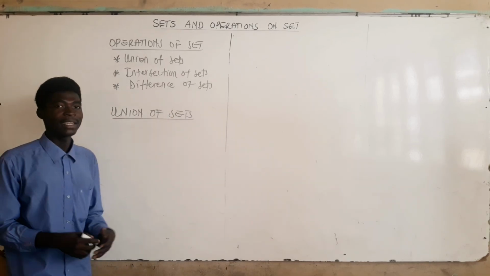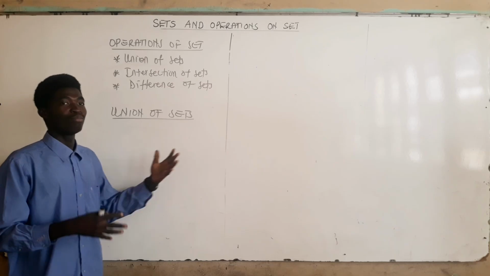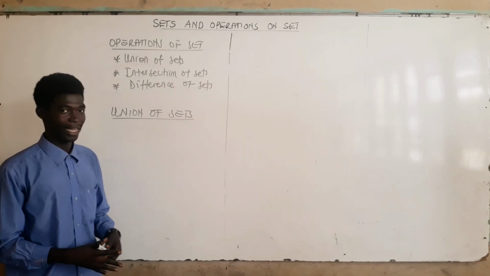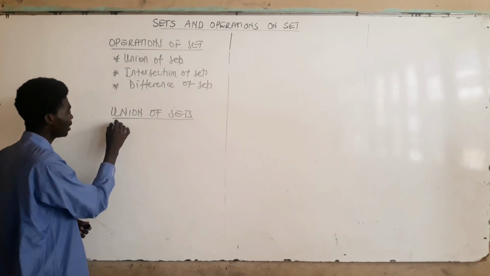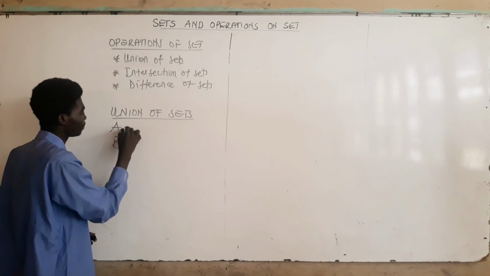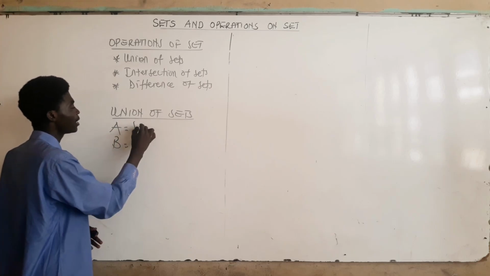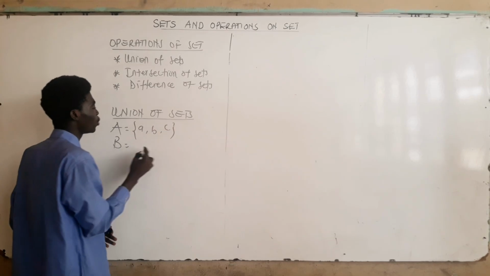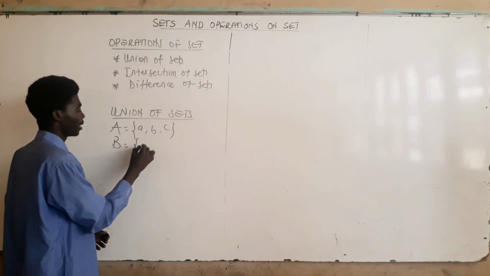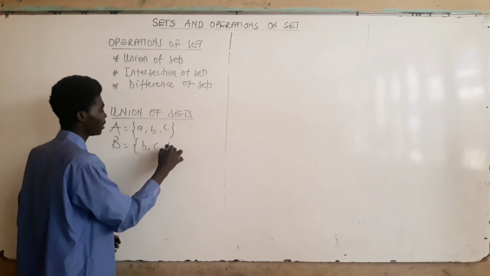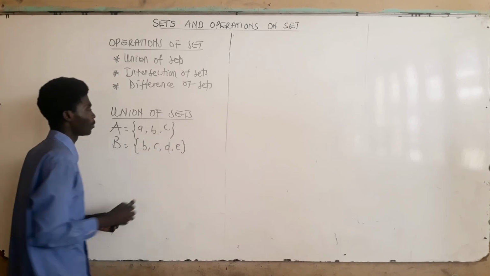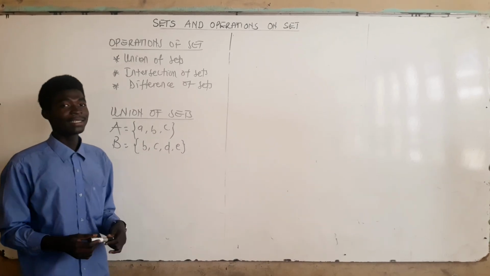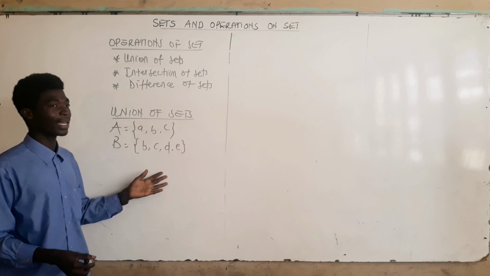With the union of sets, it simply means bringing the elements of 2 sets together. So for example, let's say set A and set B. Set A contains A, B, and C. So these are the elements of set A, and set B contains B, C, D, and E. Union of sets is saying that bring these 2 sets together to form the union.